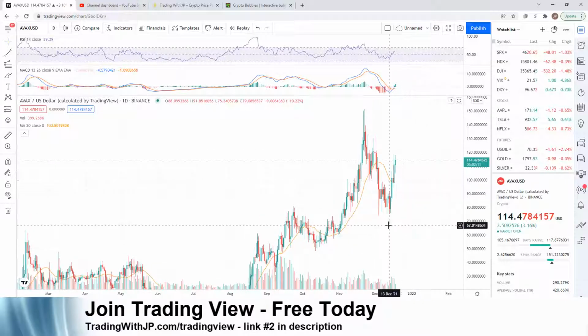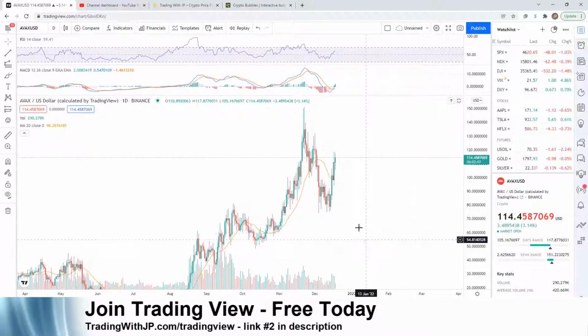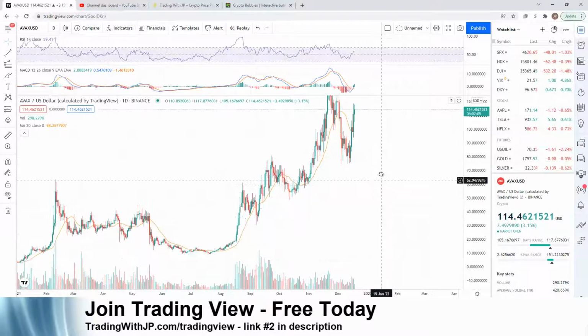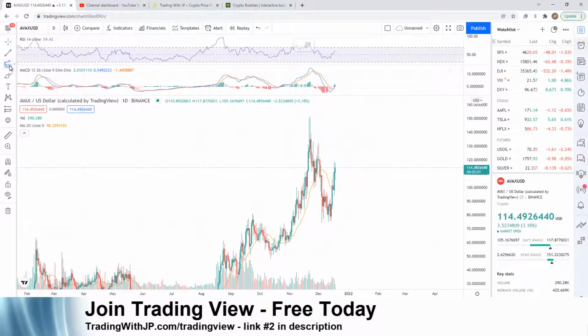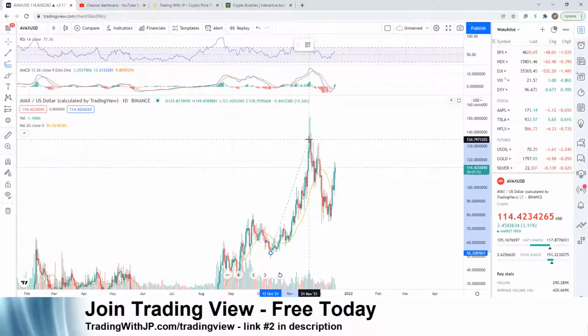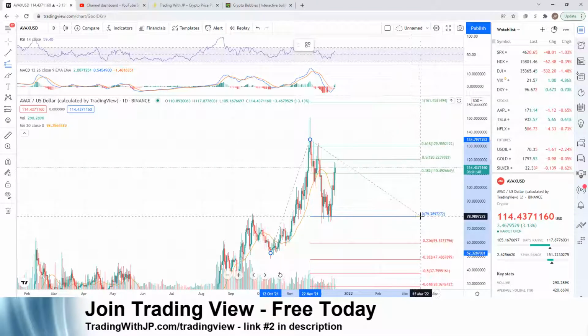So let's see here from a TA perspective, let's go ahead and use our fib extension retracement and maybe do something from here to here down, if this is going to be our support line.